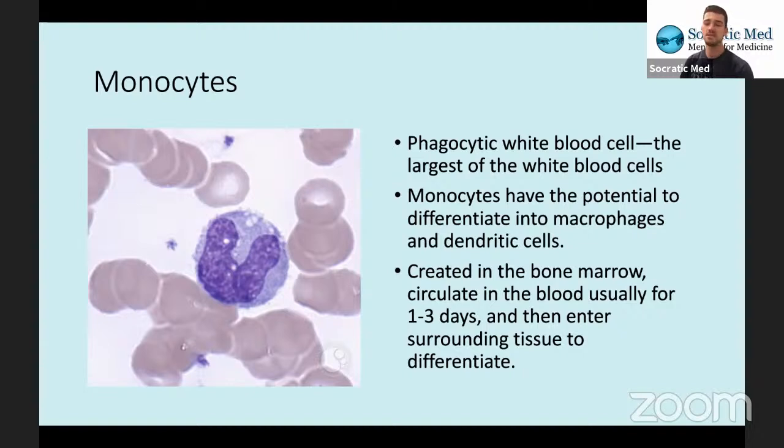In the 1 to 3 days, they're acting as a phagocyte, an active immune cell. And then in a couple of days, they enter the surrounding tissue and usually become macrophages, but they will also become dendritic cells as well. That's a picture there to the left. You can see the nucleus is sort of split into different lobes. That's pretty common among immune cells, you'll see.